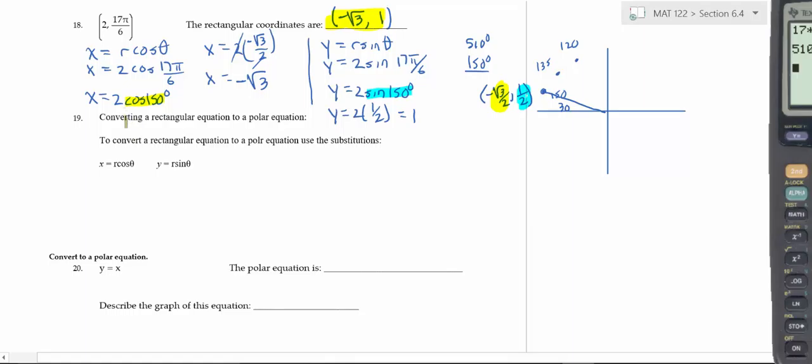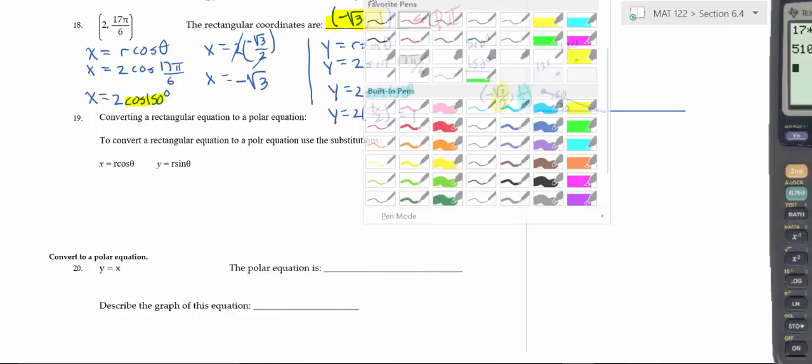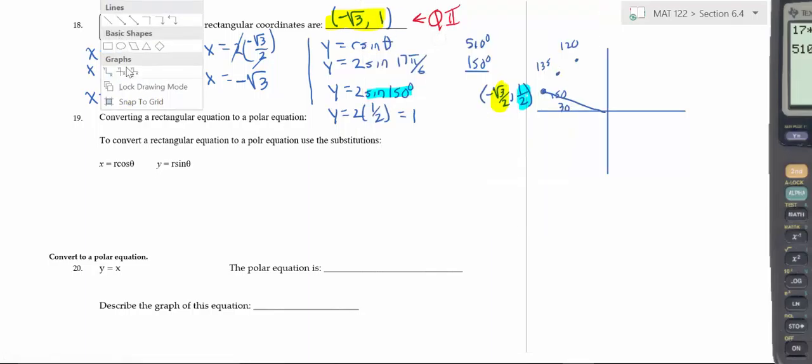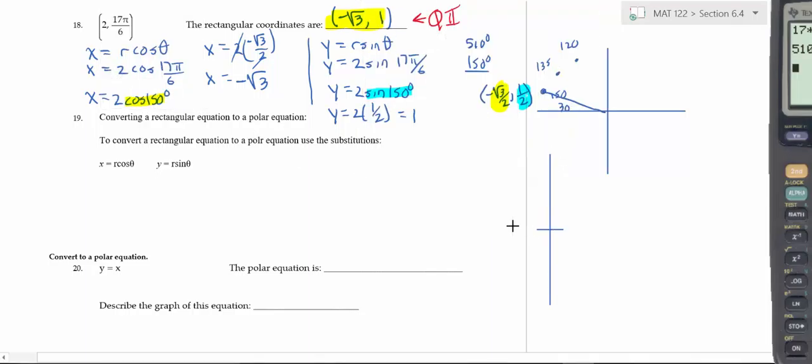Of course, if you look at this point, it matches up beautifully. First of all, this is a quadrant 2 answer, because we're left and up. And it matches up with that triangle. I want to help you reason out this problem a little bit and see if this makes sense to you.